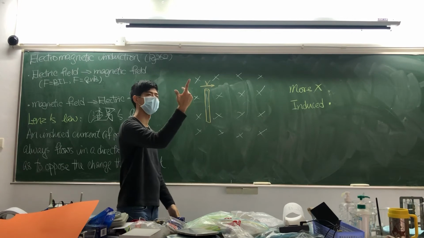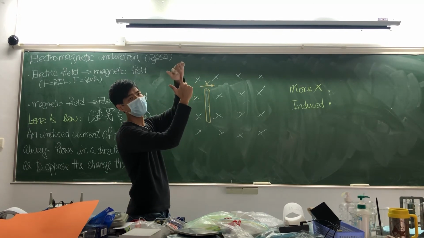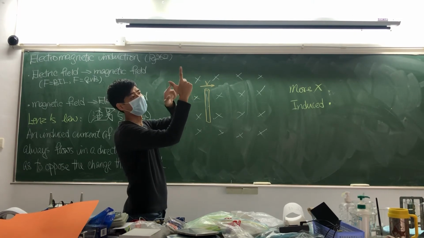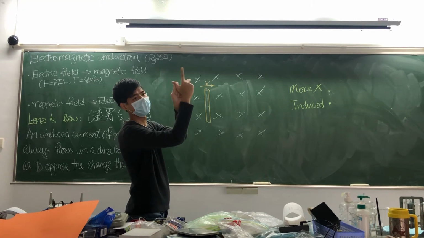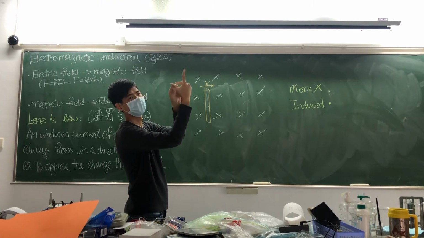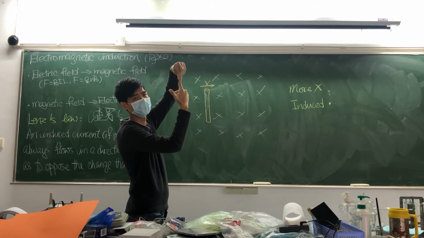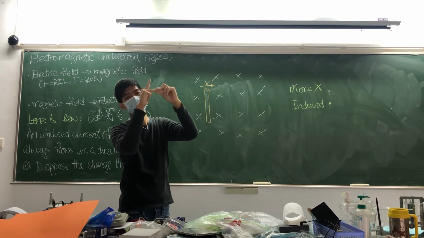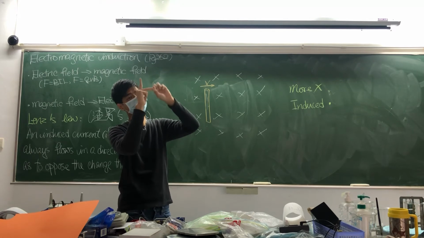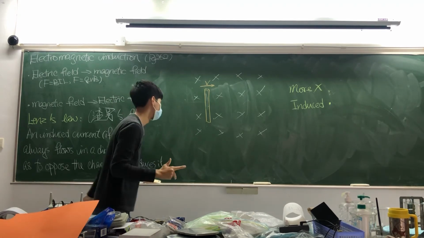For the right hand, it is VBI: velocity of the rod inside the magnetic field, direction of magnetic field, and then induced current. Because there is no current at the beginning, this I is the induced current.